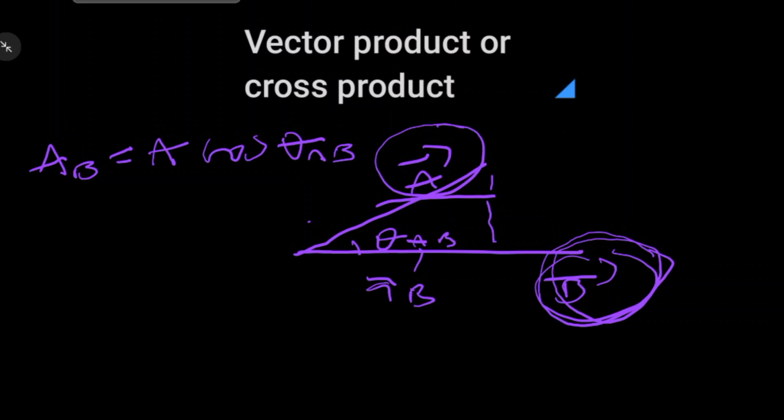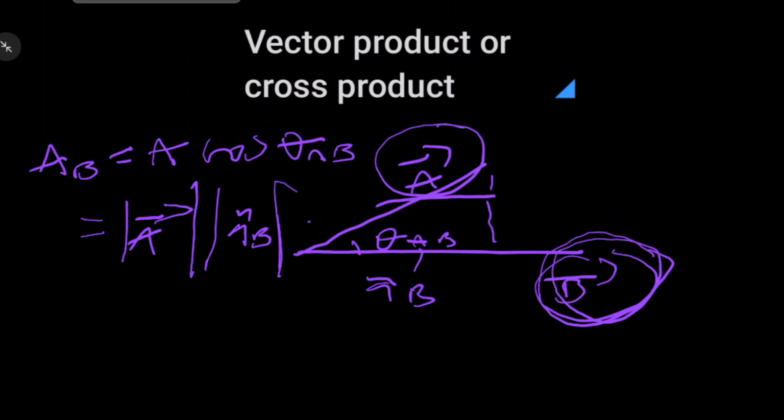So that is, we can write this as, since we're considering only the magnitude, which is the length, the magnitude of vector A multiplied by the path along vector B, right, cos the angle between them.